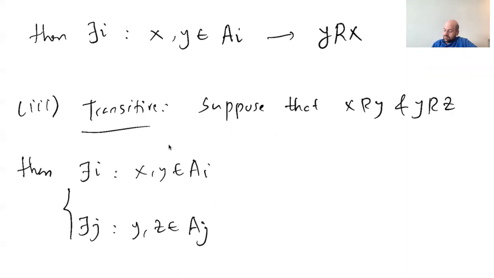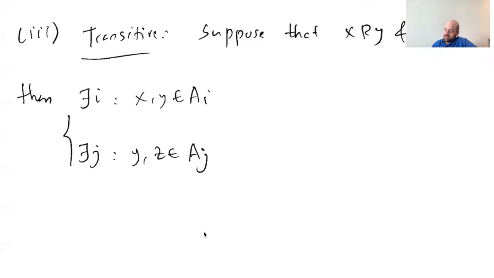Well, these two together mean I must be equal to J. Can you tell me why? Why can I say that I must be equal to J if X and Y are in AI, Y and Z are in AJ? Then my claim is I must be equal to J.